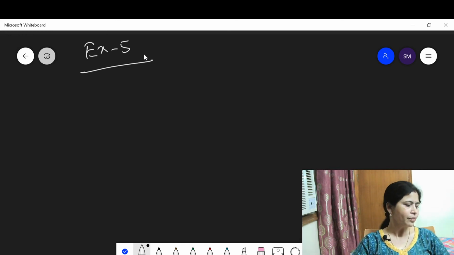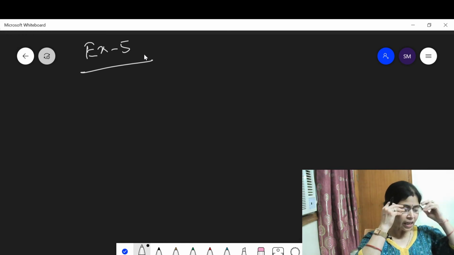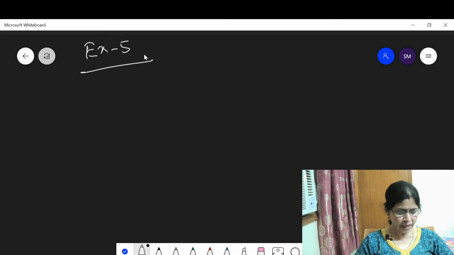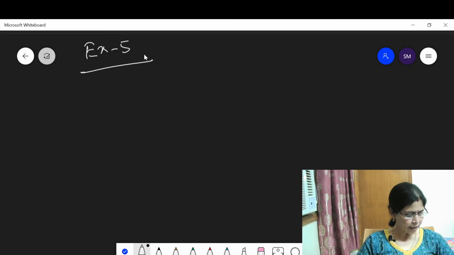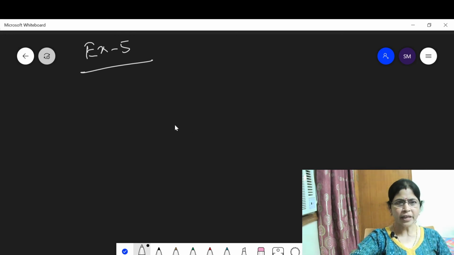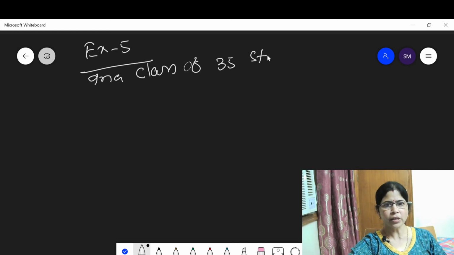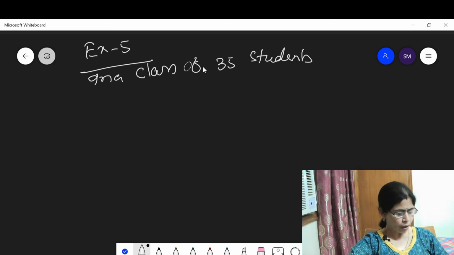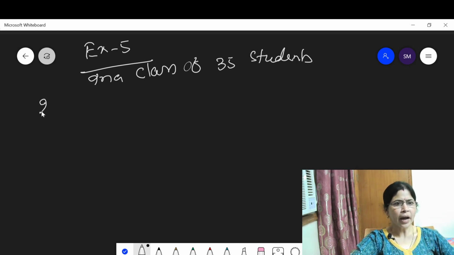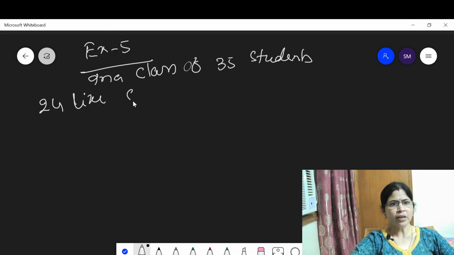Okay. Then the example 5 says that in a class of 35 students, 24 of them like to play cricket.